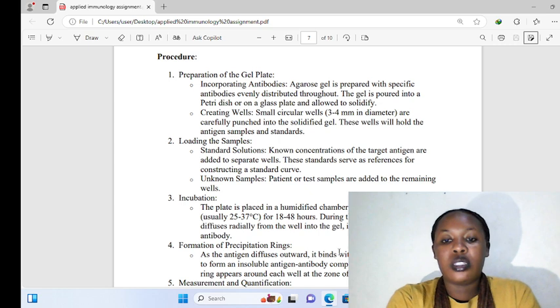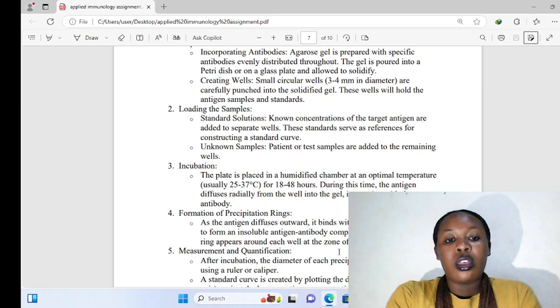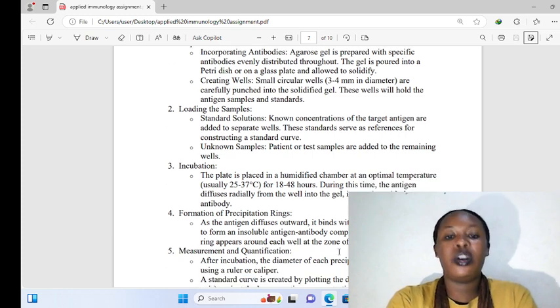Then the gel is poured into a petri dish or a glass plate and allowed to solidify. Secondly, we create wells. Small circular wells, 3 to 4 millimeters in diameter, are carefully punched into the solidified gel. These wells will hold the antigen sample and standards.